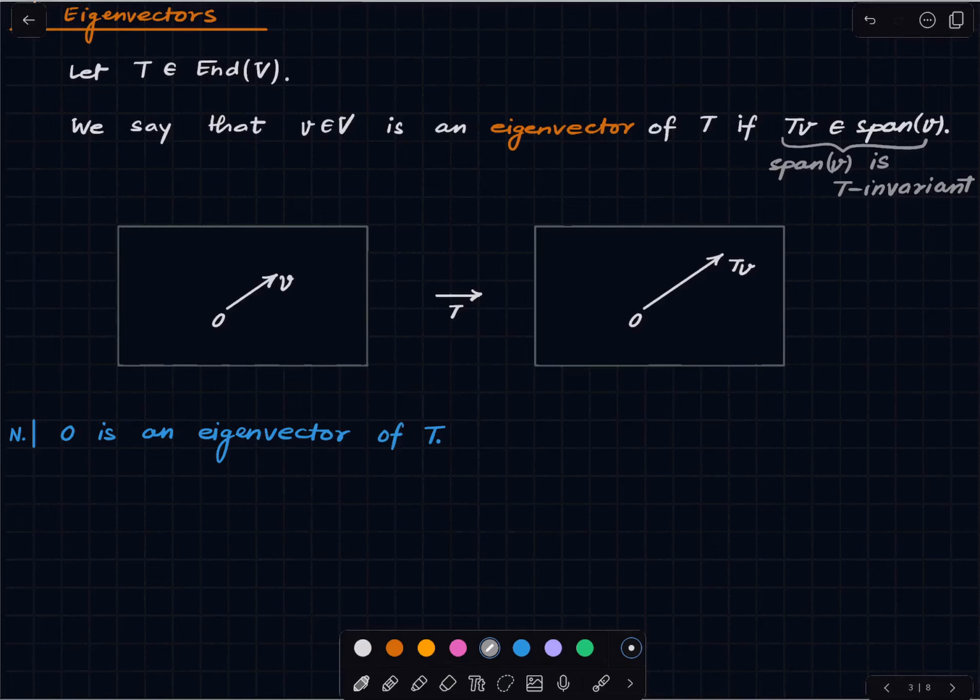And before we look at examples, let's look at a cousin notion, which is that of an eigenvalue.